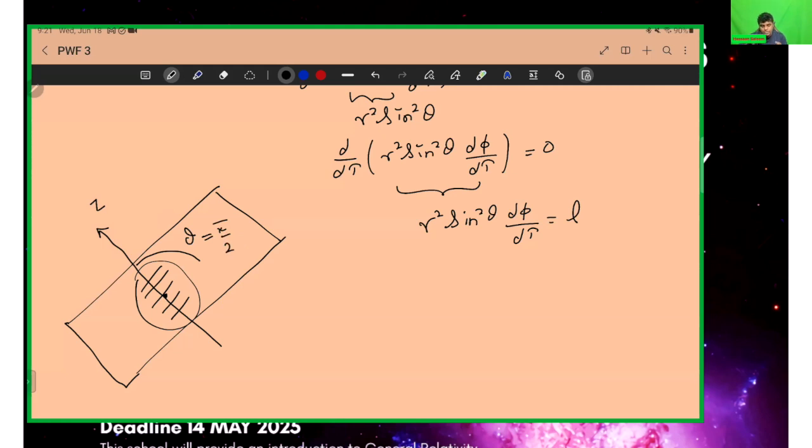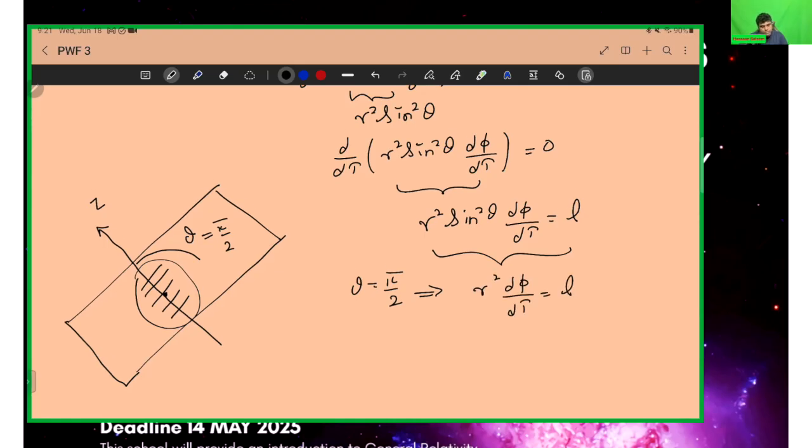So you can always choose coordinates such that the plane in which the motion is happening has theta equals pi over 2. And that theta never changes, right? Okay. Which means that in this equation, you can put theta equals pi over 2. So if theta equals pi over 2, that means r squared d phi over d tau equals l, right?